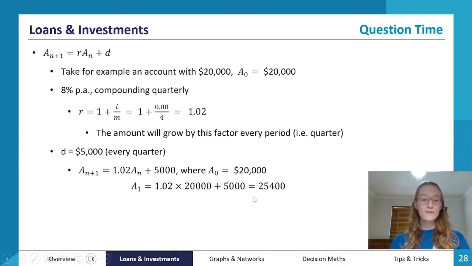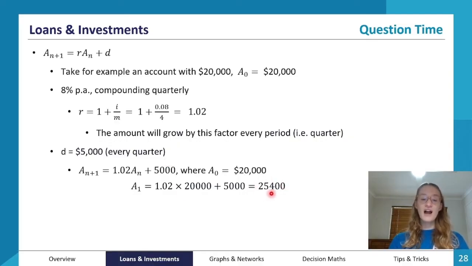So when we apply the rule the first time, so after 1 quarter, we will have interest applied to this amount that was already in the account, $20,000, and that's obviously the growth factor. Then we also have the plus $5,000. That's this plus D. That's the amount that's being deposited into the annuity every quarter.